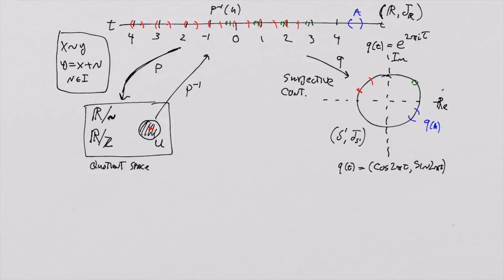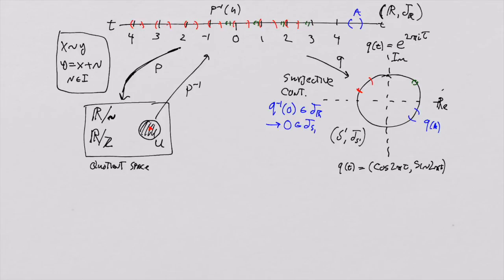Regardless, in this circumstance, all the preimages of all the open sets of S1 are going to be open in R, and therefore we have that condition: Q inverse of O being an element of the topology of R implies that O is an element of the topology of S1.